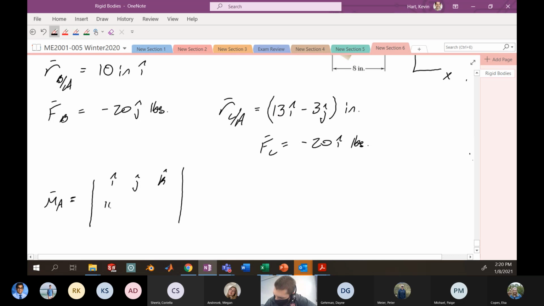Here I have 10, 0, 0 inches, and the force at B is 0, negative 20, 0 pounds. I'm going to add to this the other moment that I have here.